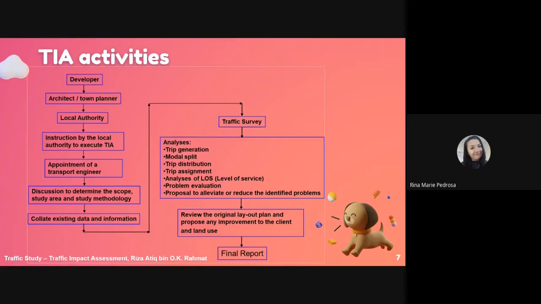Then we have the problem evaluation, the proposal to alleviate or reduce the identified problems. So that will all be inside your analysis. Then you're going to review the original layout plan and propose an improvement to the client and the land use. So the final output for this would be your final report or your TIA report.